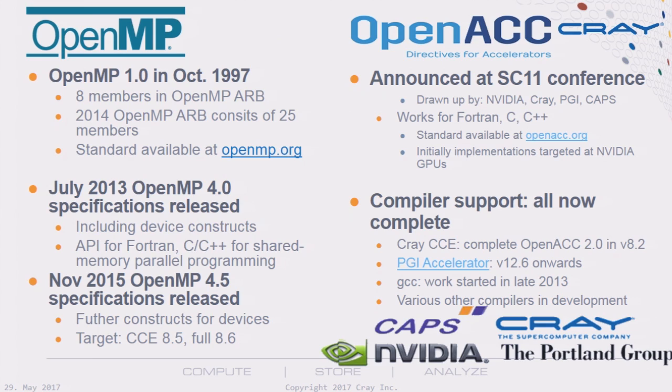The OpenMP 4 is supported, but there are some exceptions which are not implemented yet, and in the next version, 8.6, which will be released in June, July this year, the full OpenMP 4.5 is supported.